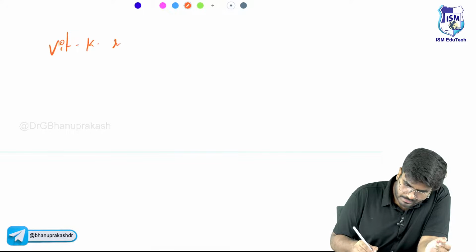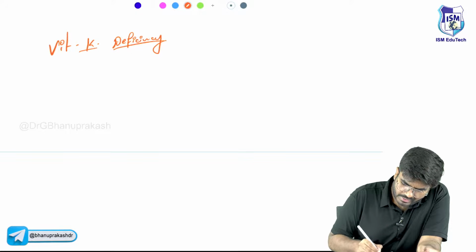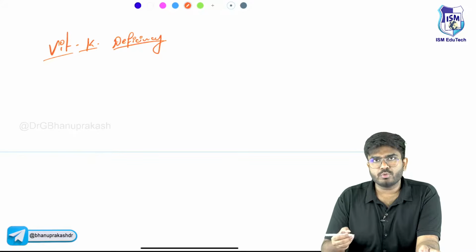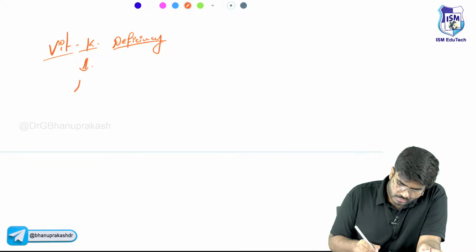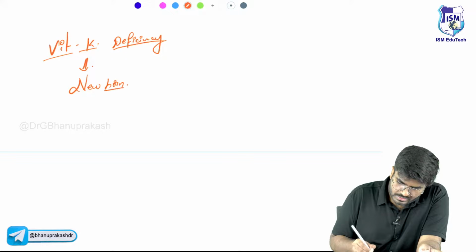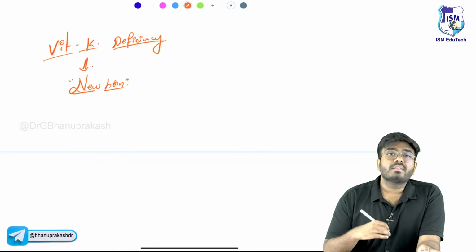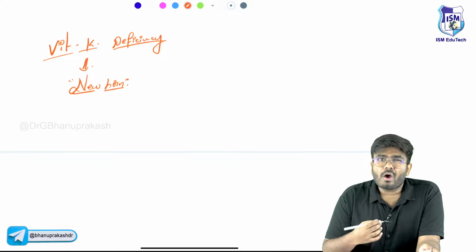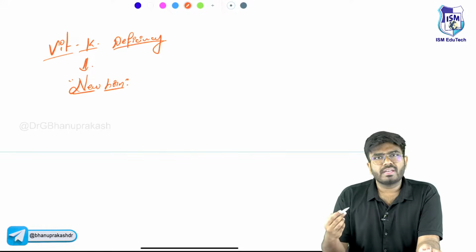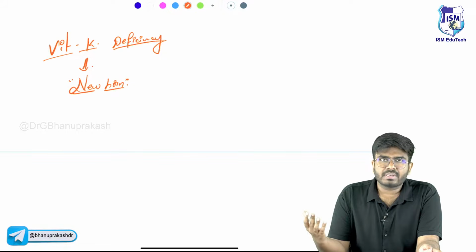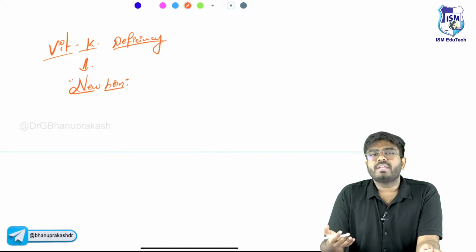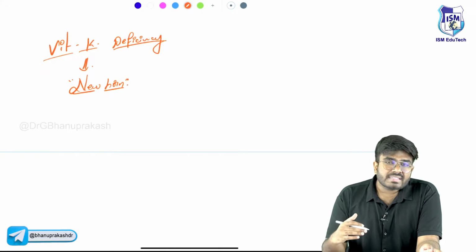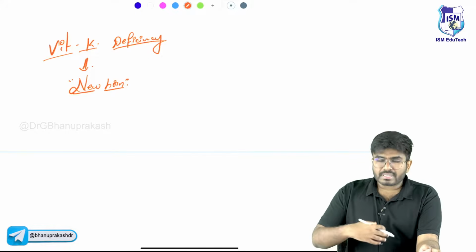Vitamin K deficiency. You already know it. Who will get vitamin K deficiency, sir? Usually, vitamin K deficiency is going to be seen in newborns. See, in us, how will we get vitamin K? You can get it from plants, leafy vegetables, but most of the vitamin K is synthesized by the gut flora.